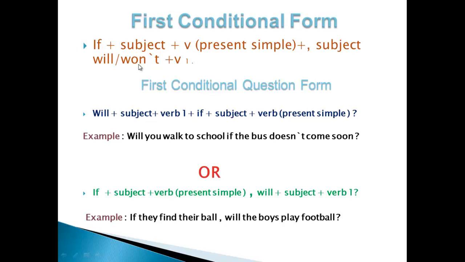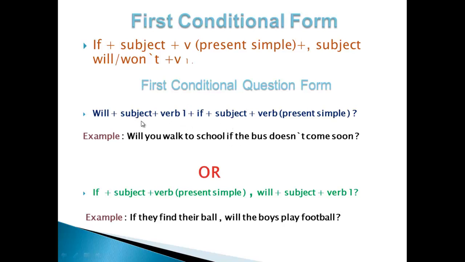But for the first conditional question form, we have two ways. You can start with will or you can start with if. Let's see. When we start with will, you have to add subject, verb 1, plus if plus subject plus verb in present simple. And remember, subject means she, he, it, we, you, I, any name.